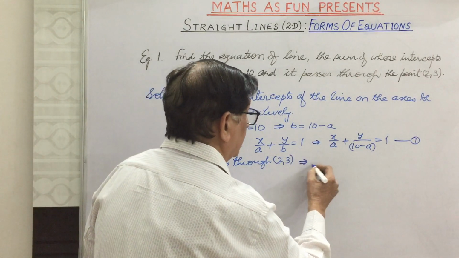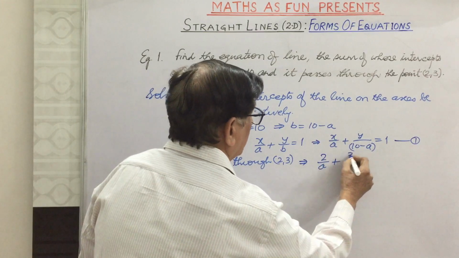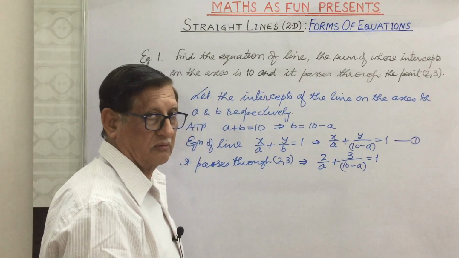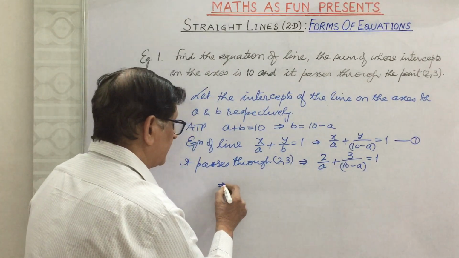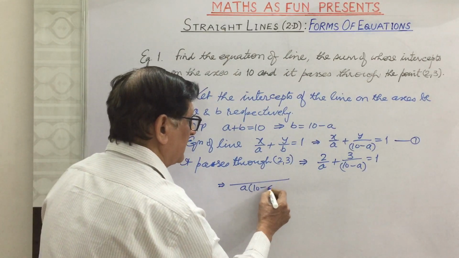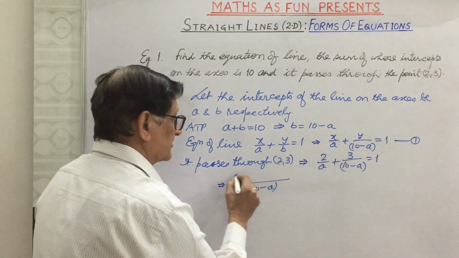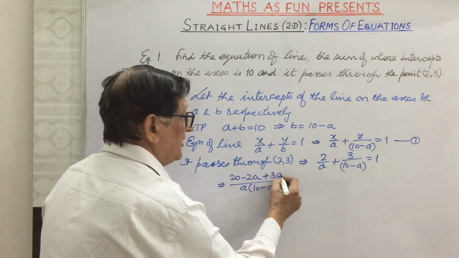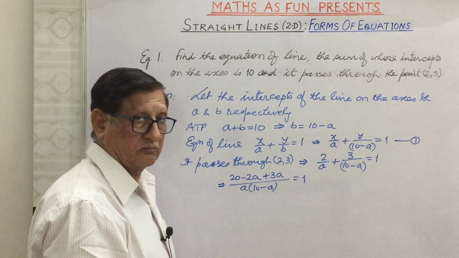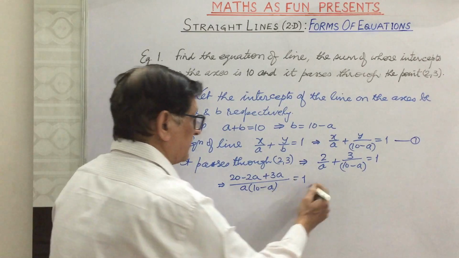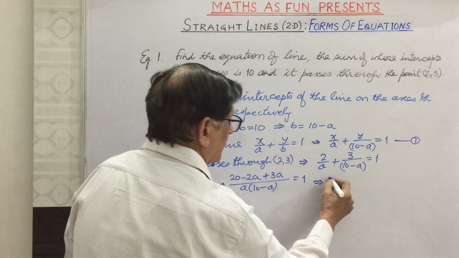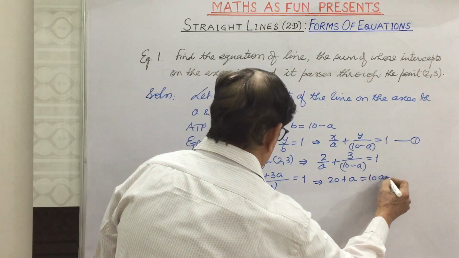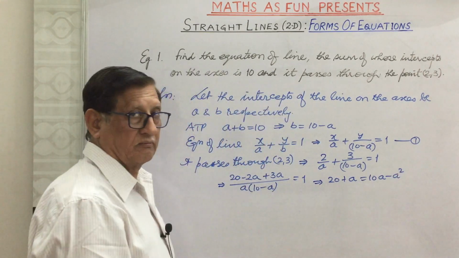It means we can write that 2 upon A plus 3 upon (10 minus A) is equal to 1. Simplifying this, taking the LCM A into (10 minus A), we get (20 minus 2A plus 3A) upon A(10 minus A) equal to 1. Cross multiplying, we get 20 plus A is equal to 10A minus A square.